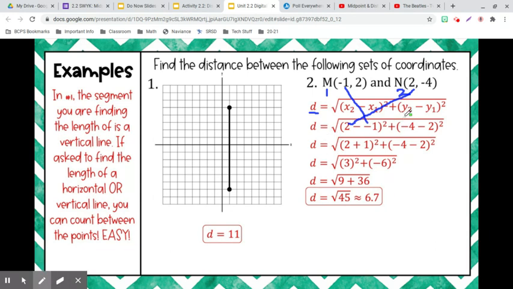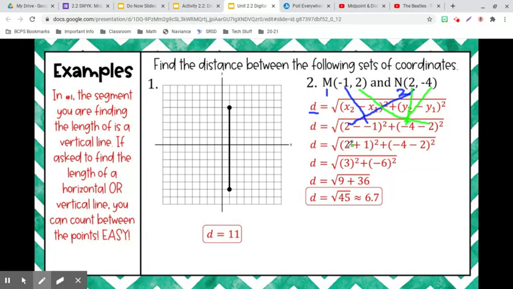And then we have our y2 minus our y1, that's where those numbers came from, squared. And we're just going to solve through.